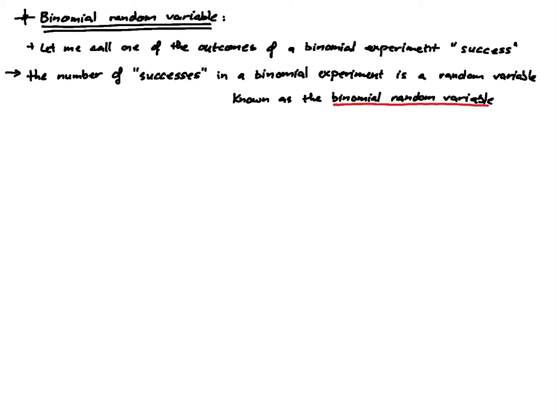Now recall that for something to be a random variable, it has to be random and it has to have a probability distribution. Right? So let's look at our variable here. First off, the number of successes is random because before the experiment, we don't know how many successes we are gonna get, right?